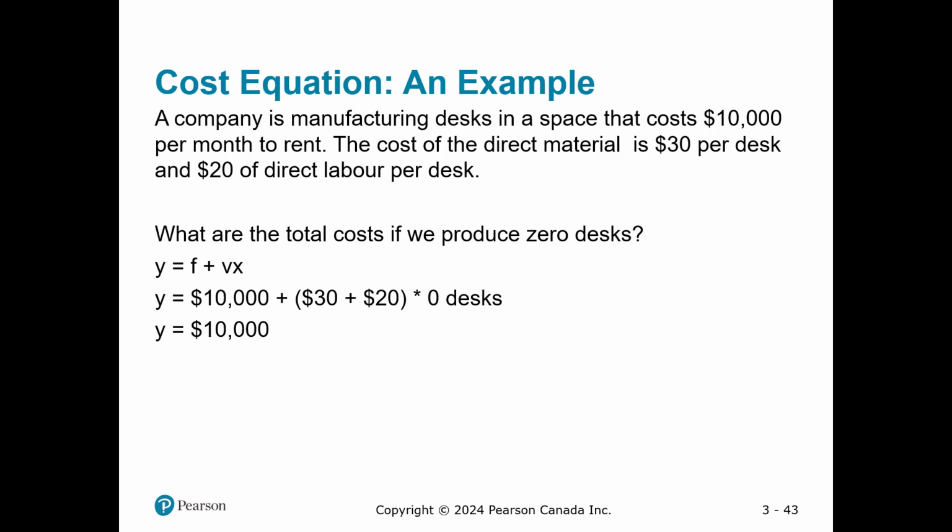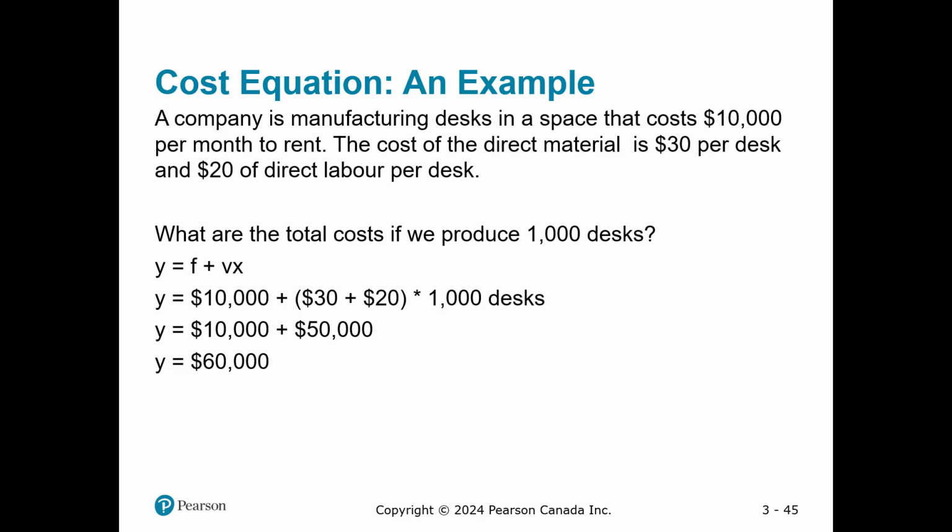And a variable cost only changes with the level of activity. What is the total cost if we produce 100 desks? Well, we can plug the 100 desks into the X from the formula. Now it's 10,000 plus, and the 30 plus 20 is 50, so 50 times 100 desks. That's 10,000 plus $5,000. $15,000 is the total cost if we produce 100 desks.